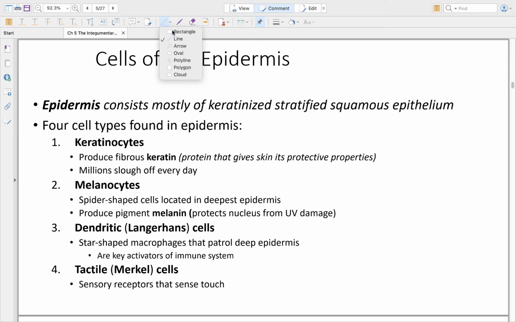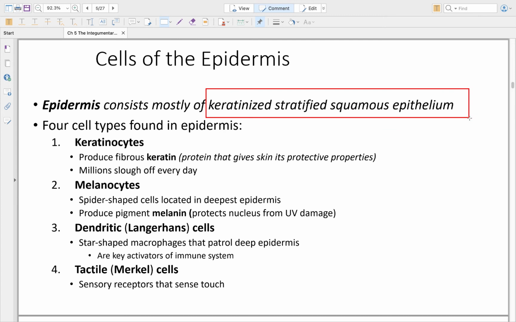Stratified means that it has more than one layer. Squamous means that it has those flat, squished cells, and it's epithelial tissue. Keratinized means that it has an extra protein called keratin. So keratinocytes are found in the epidermis. They make keratin, and they tend to shed off your skin every day.